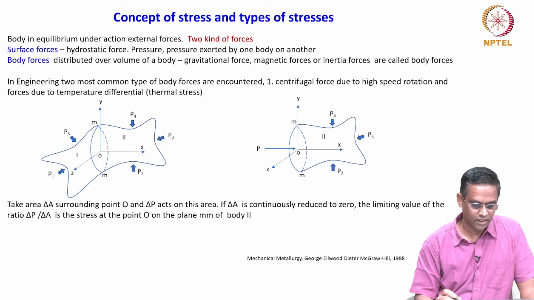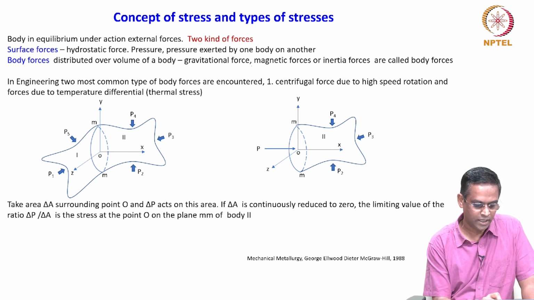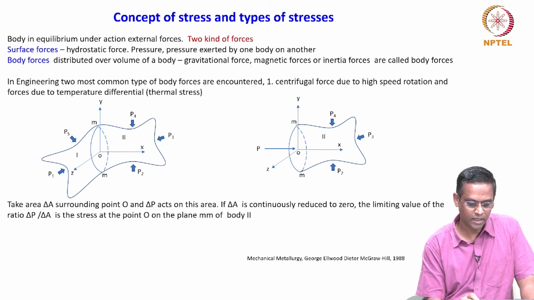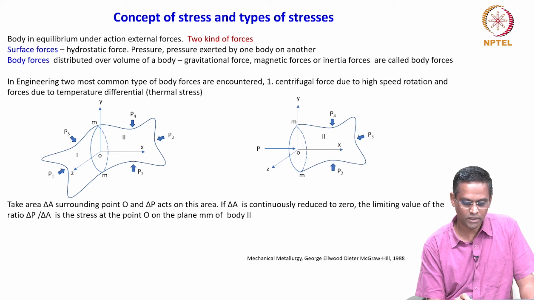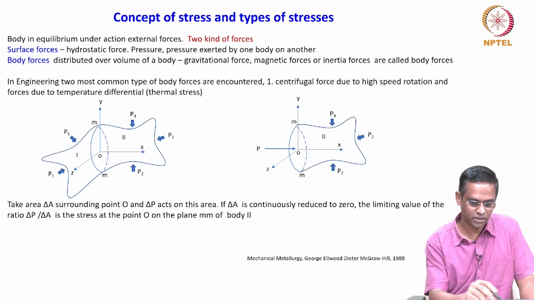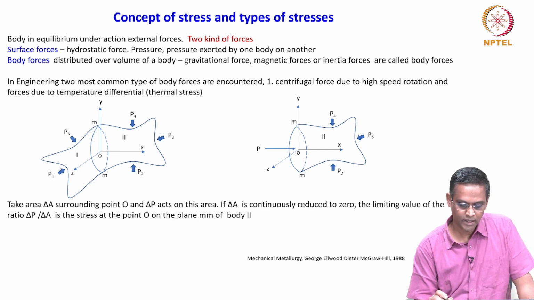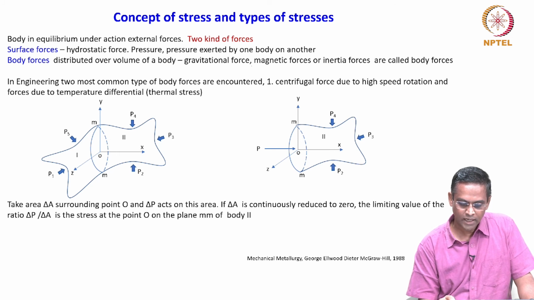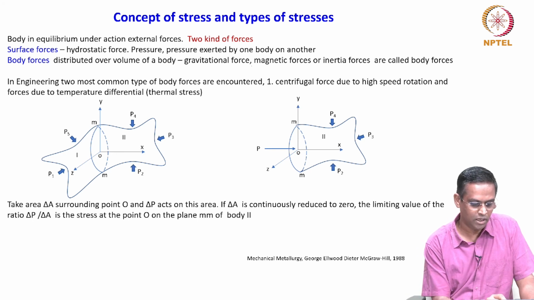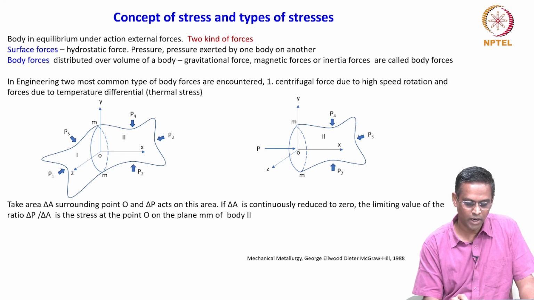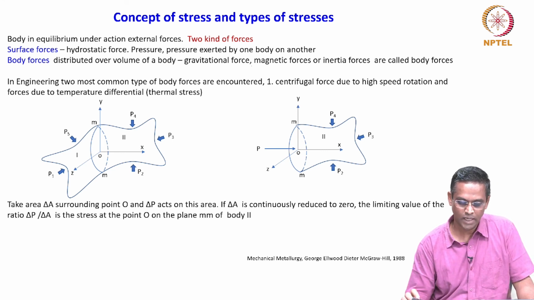Take an area delta A surrounding point O, and delta P acts on this area because of the external load. If delta A is continuously reduced to 0, the limiting value of the ratio delta P by delta A is the stress at the point O on the plane mm of the body 2.